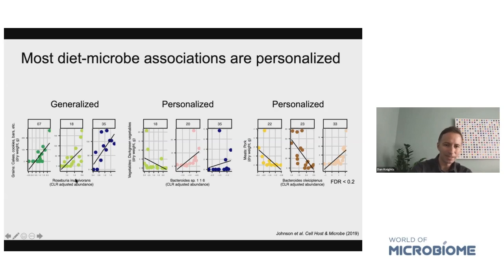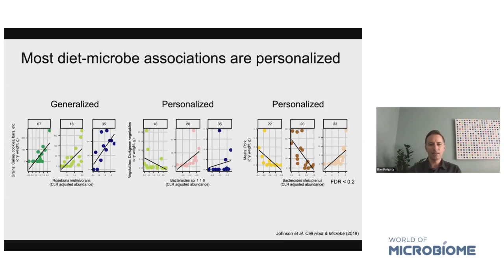And this kind of makes sense because inulin is a common fiber additive in a lot of cakes, cookies, and bars. So that might be a biologically plausible association. However, the vast majority of these associations, and we found many of them, were not conserved across people. So they would be negative in one person and positive in another.